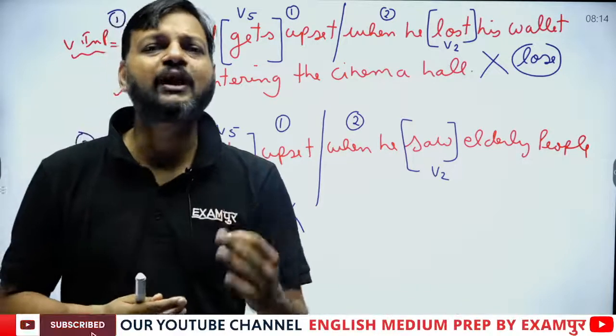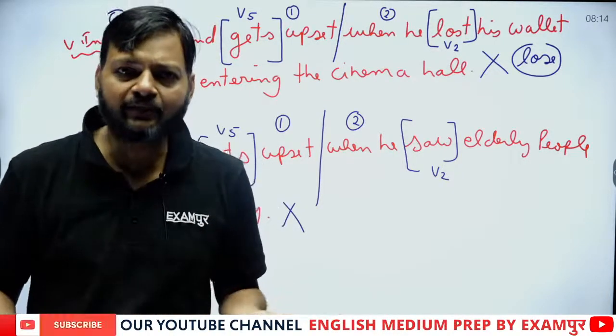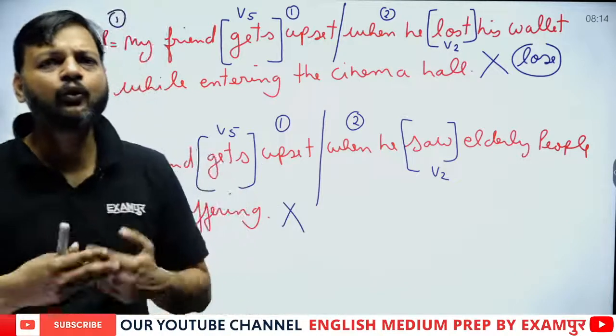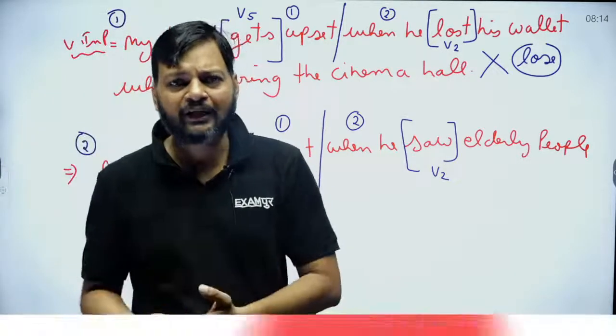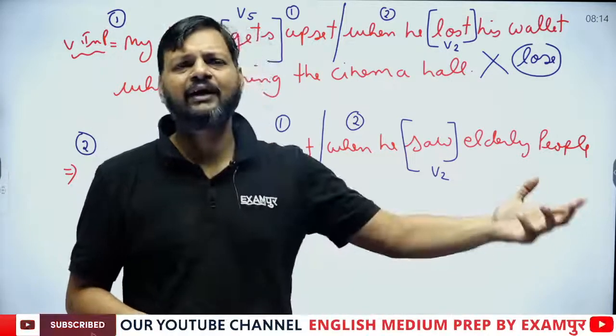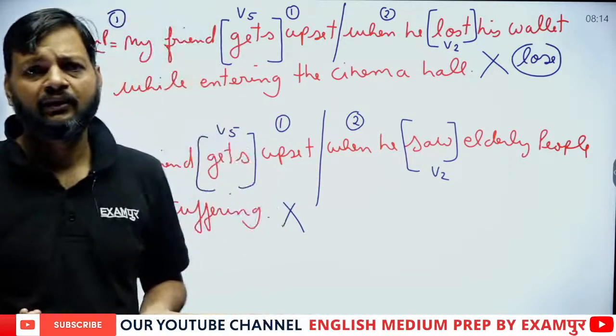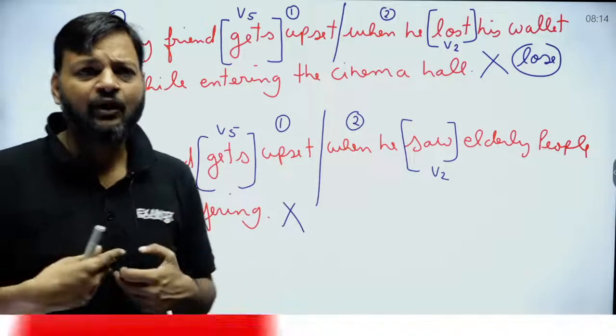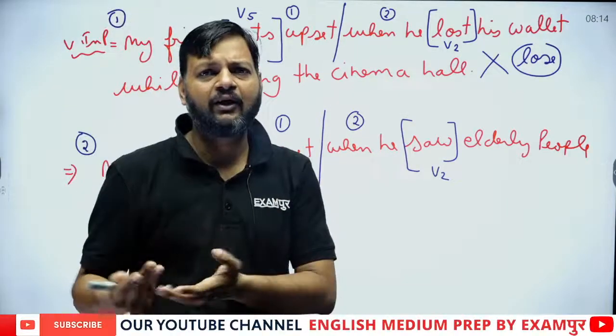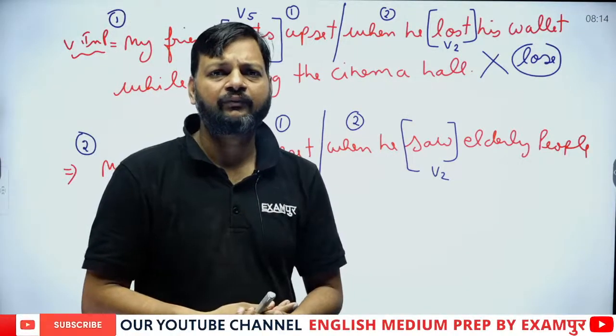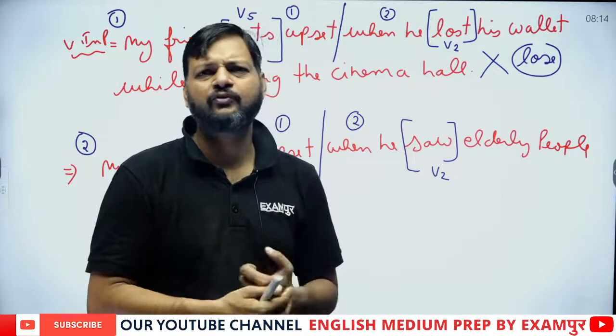Can it be a routine? No, it can't be. How can someone lose his wallet every time entering the cinema hall? If I say, whenever I enter the cinema hall, I lose my wallet, you will say, how is this possible?